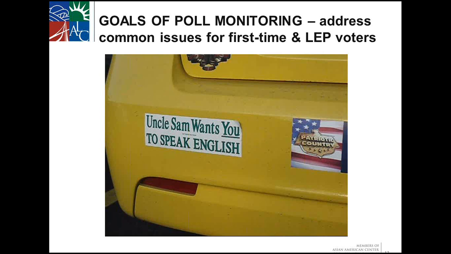And so I think what we're looking at here is a perfect example of some voters may not be open to non-English speaking voters, and poll monitors, if there is such an issue where a voter in line is causing intimidation or making inappropriate comments, and poll workers are not doing their job in protecting LEP voters or immigrant voters from that type of intimidation, we do want them to document that and step up and let somebody know about that issue.